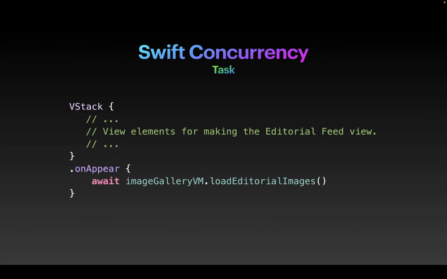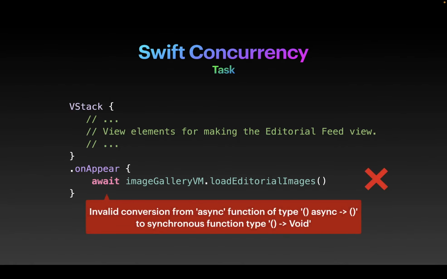Now take a look at this case. We want to call an await function, in this case loadEditorialImages. It's an async function, it's awaitable, so we're going to await on that function. But in this case we use it in the function called onAppear. Do you think this is actually going to work or not? The compiler, of course, gives you an error.